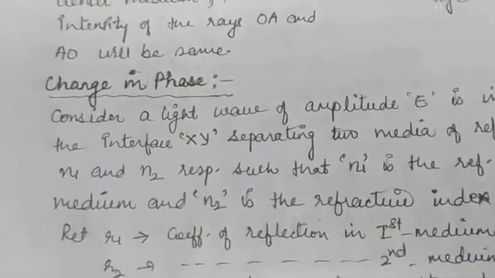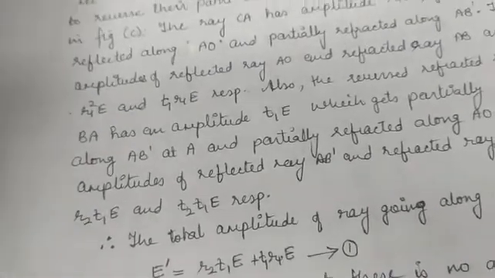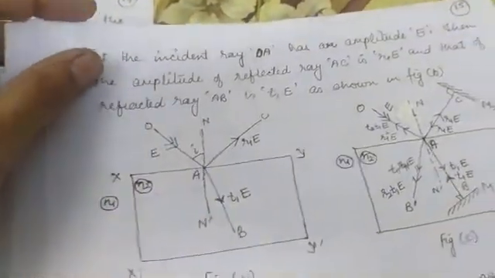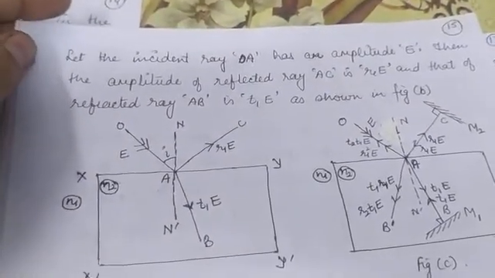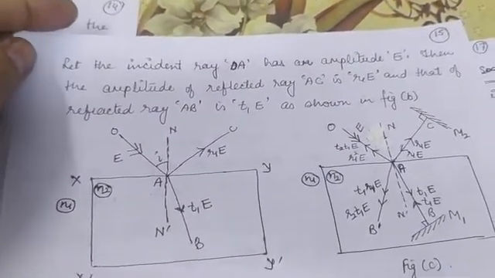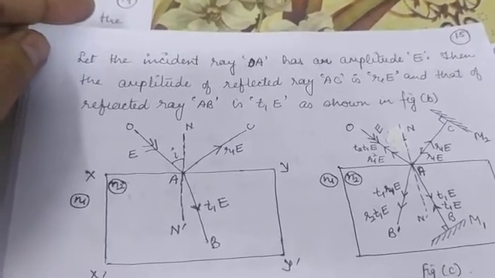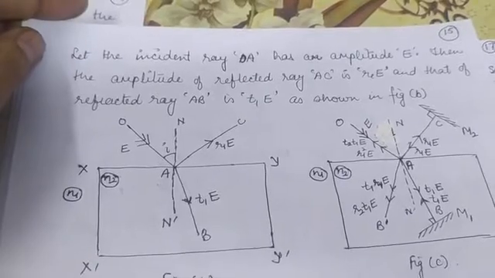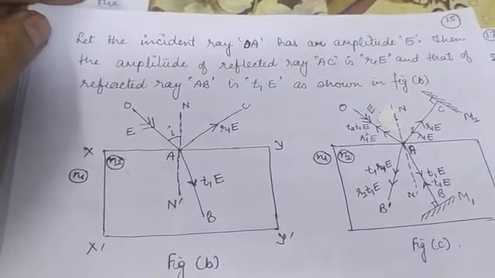Now see, you might have done the definition of reflection coefficient and transmission coefficient in the previous semester, in the electromagnetic waves chapter. We have done there the definition of reflection amplitude. So what is the coefficient of reflection? It is defined as the ratio of the amplitude of the reflected ray over the amplitude of the incident ray.